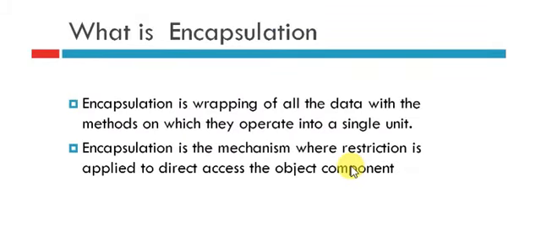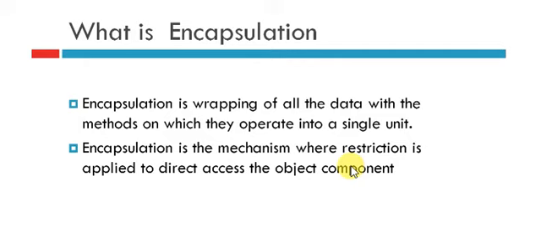If you google it, or search in Wikipedia, you will find there are a lot of definitions. In wiki you can find one which defines encapsulation as wrapping of all the data and the methods on which they operate into a single unit.